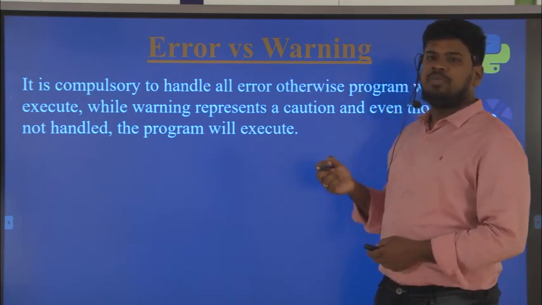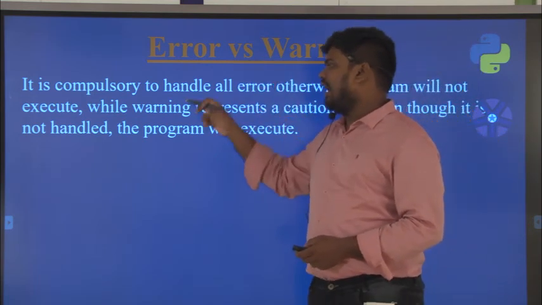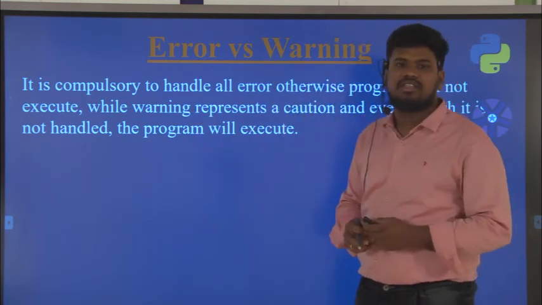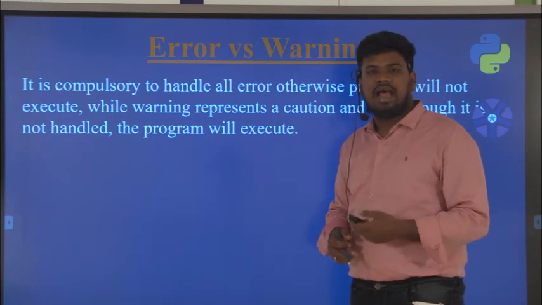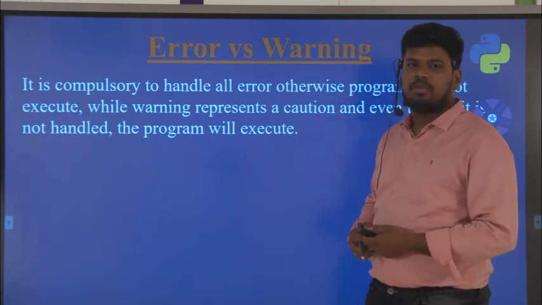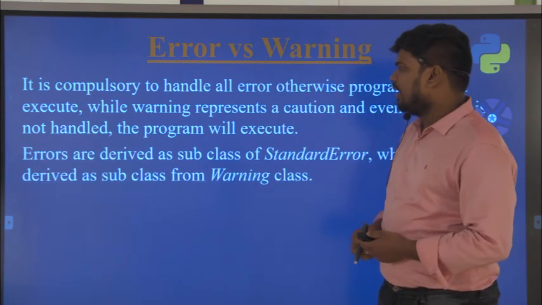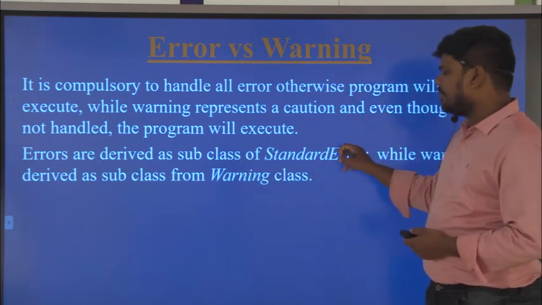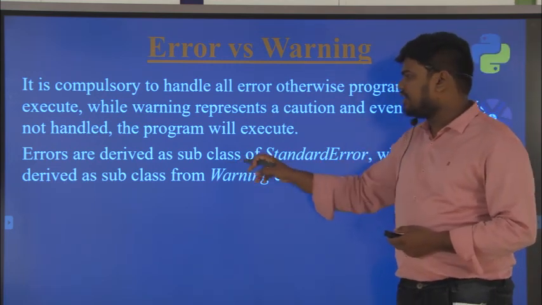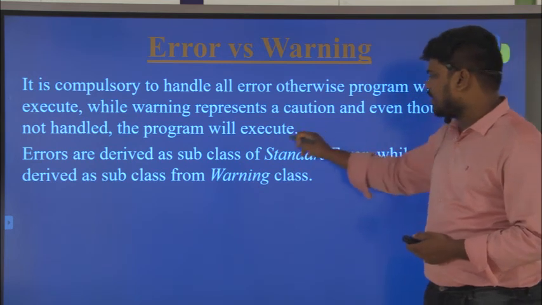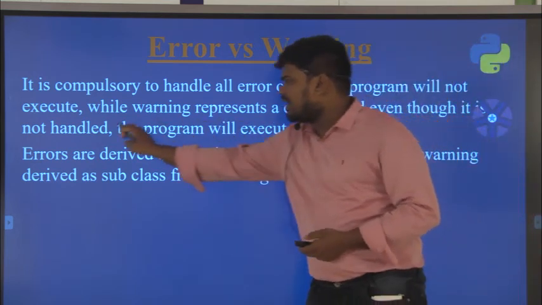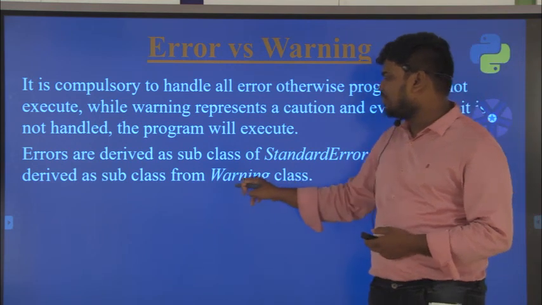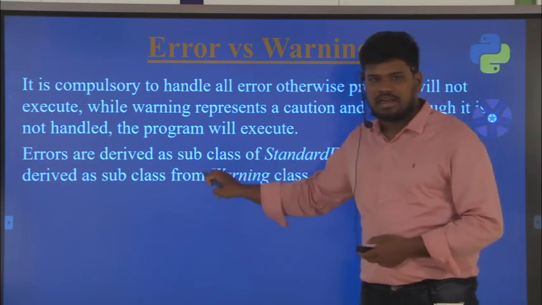Warning is nothing, no need to worry about it, it's a caution message, even if we handle it or not, there is no problem. Errors are derived as subclasses of StandardError, which is the superclass. Warnings are derived from subclasses of the Warning class.